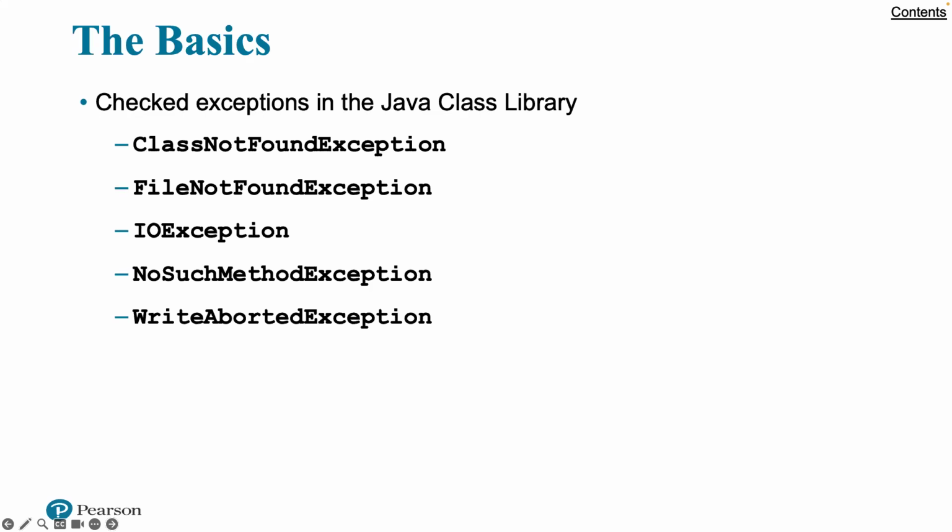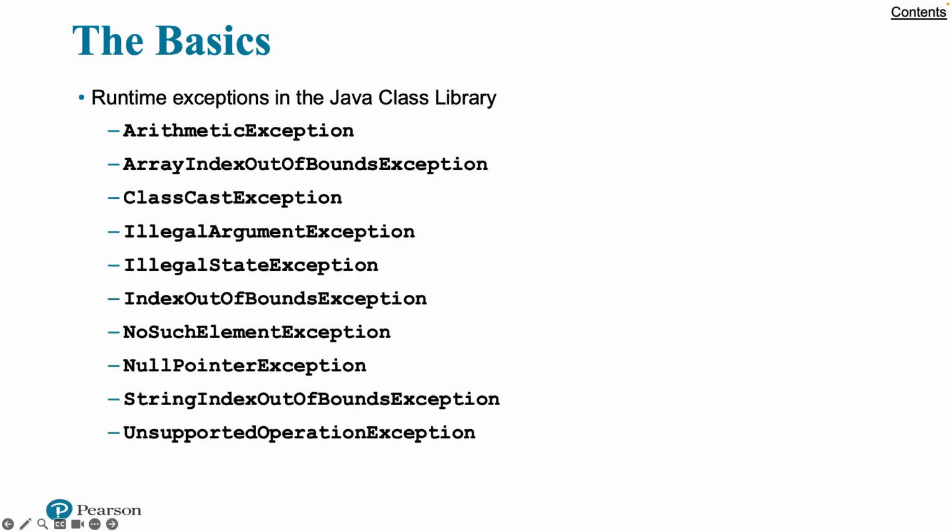And you can say, have a second, maybe a third chance. And so these are examples of the things that are built in Java: class not found, file not found, IO exception, no such method, and write abort exceptions. These are the things that we're trying to consider for what we're going to be doing. So then we have the runtime exceptions.